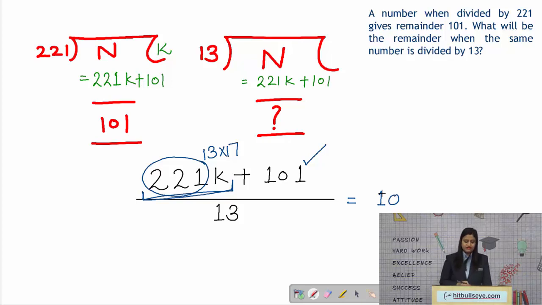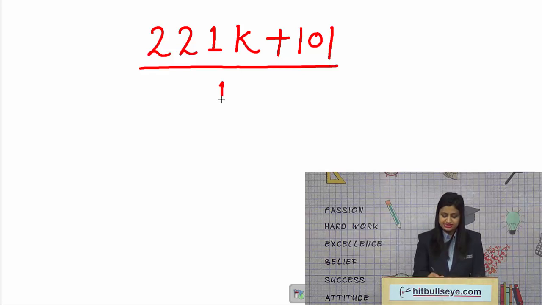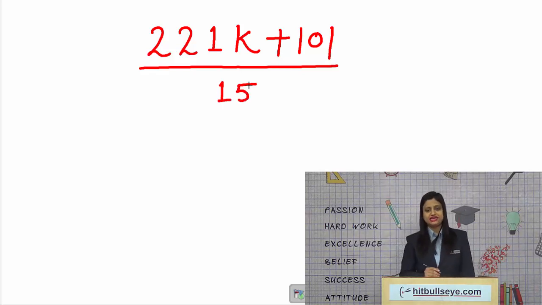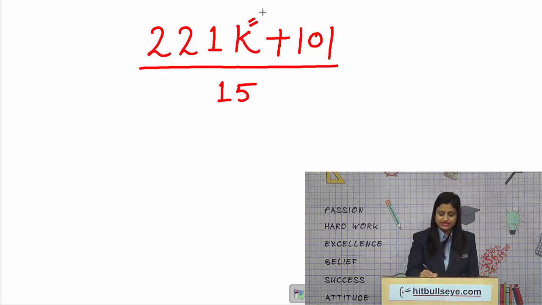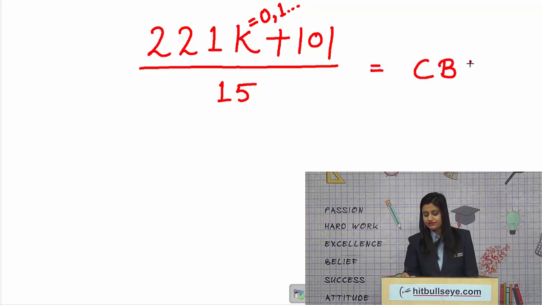What if the divisor is changed? Let us take the divisor as say 15. In this case, we cannot neglect the first term here because for k's various values, answer will be changed. In the previous case, 221 itself was a multiple of the divisor, but in this case, this is not so. That's why the answer in this case cannot be determined.